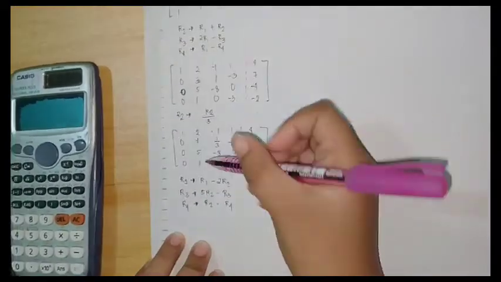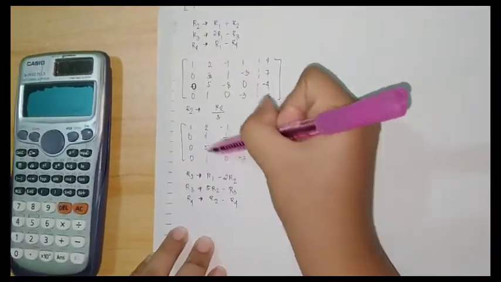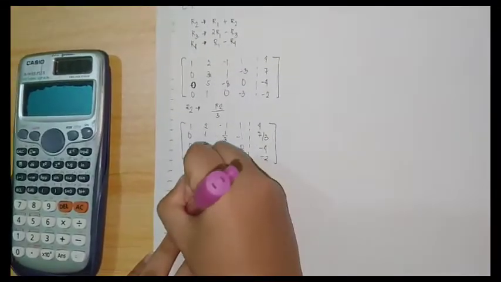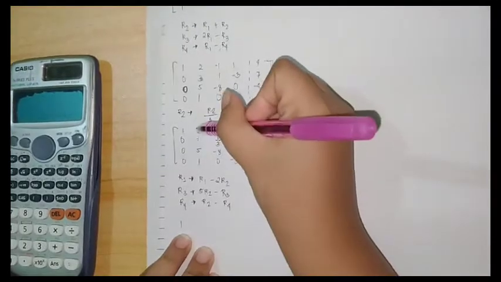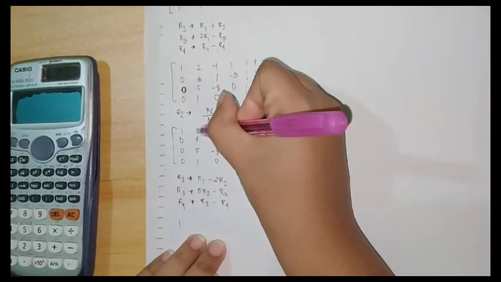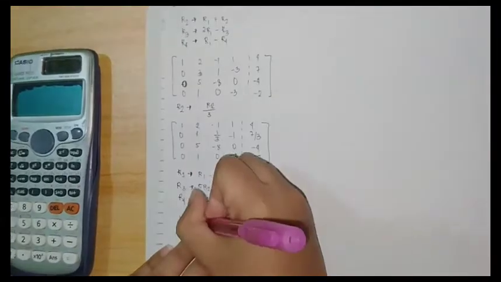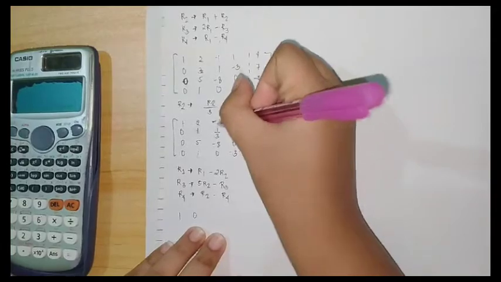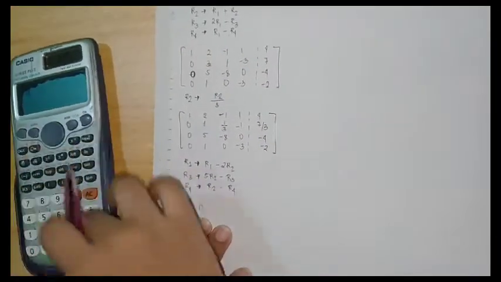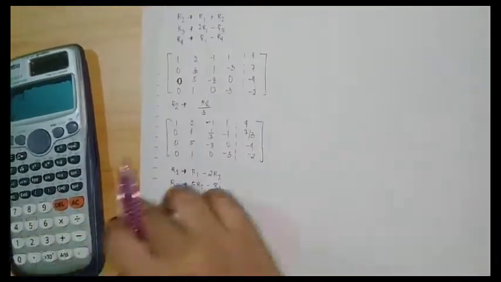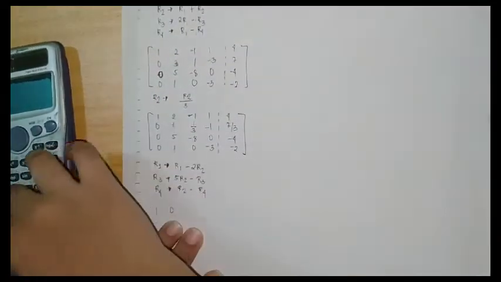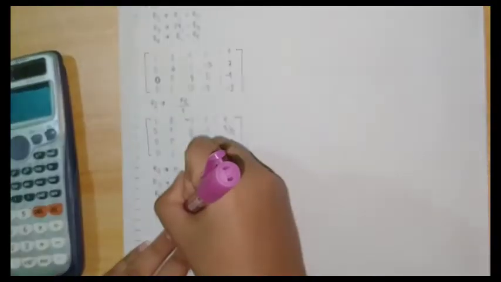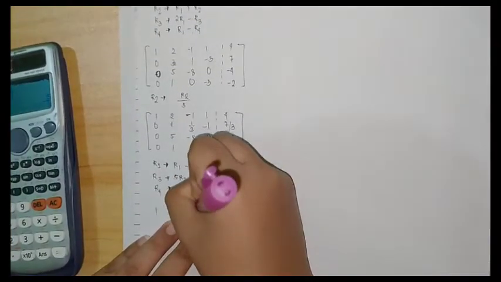So the new R1, we're going to use this. So 1 minus 2 times 0 is equal to 1. So it's still 1. And then 2 minus 2 times 1, so 0. Here, negative 1 minus 2 times 1/3. So we have negative 5/3.